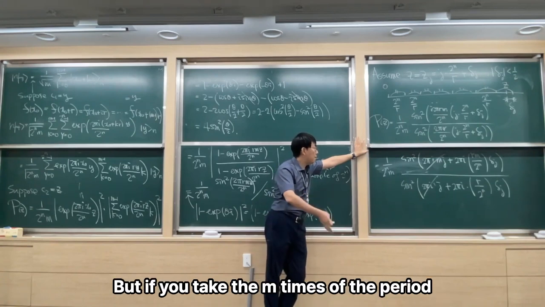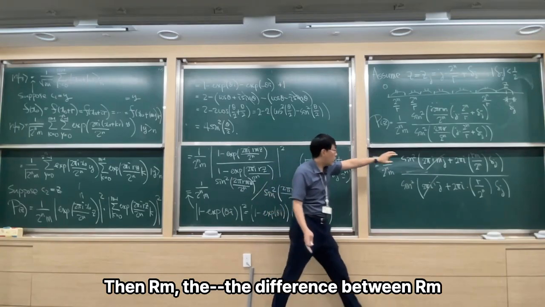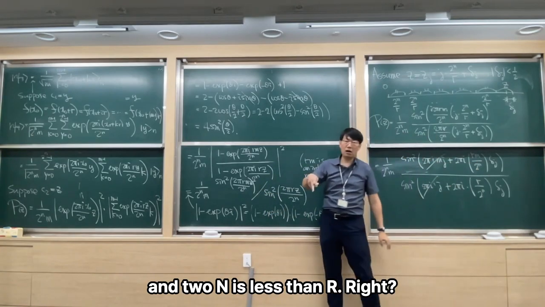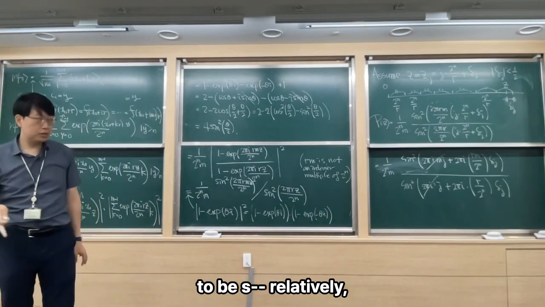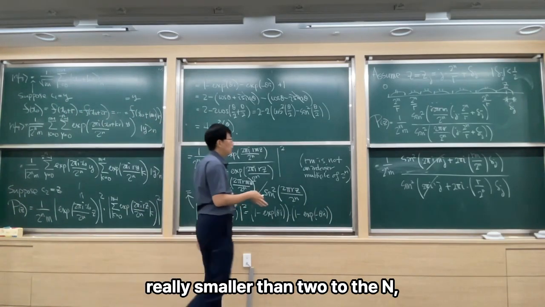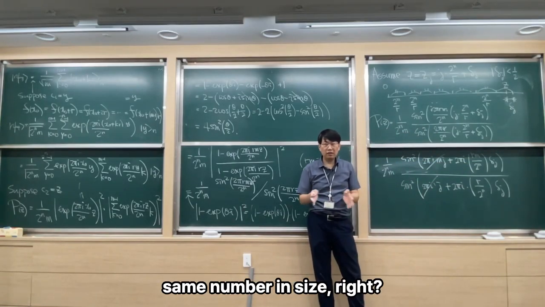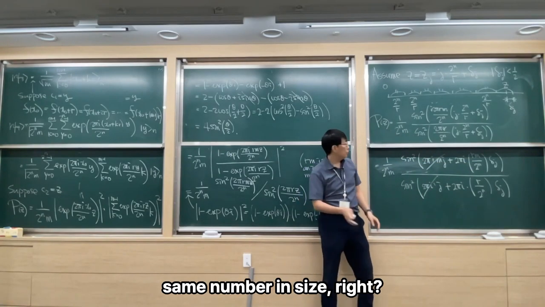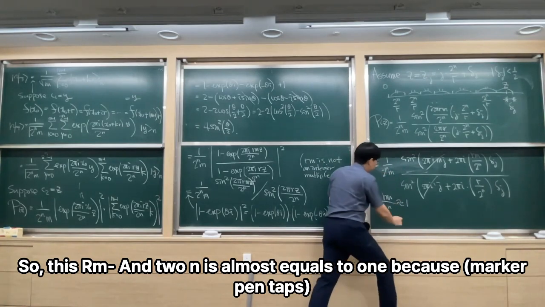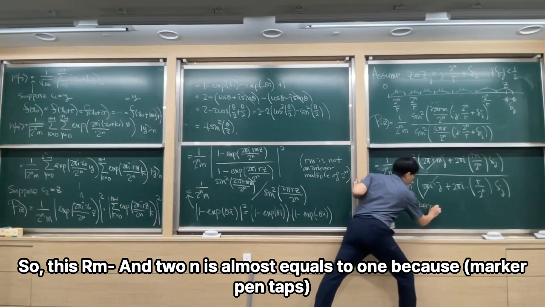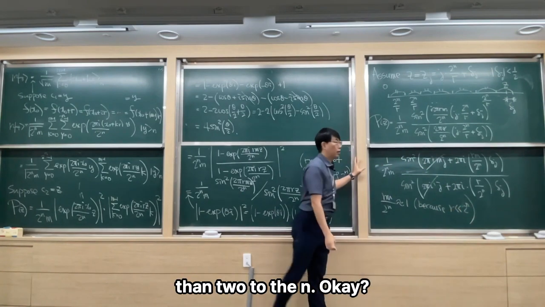If you take m times the period until the end, then the difference between rm and 2^n is less than r, right? Since r is assumed to be really smaller than 2^n, rm and 2^n are considered to be almost the same in size, right? So rm over 2^n is almost equal to 1, because we assume that r is really smaller than 2^n.